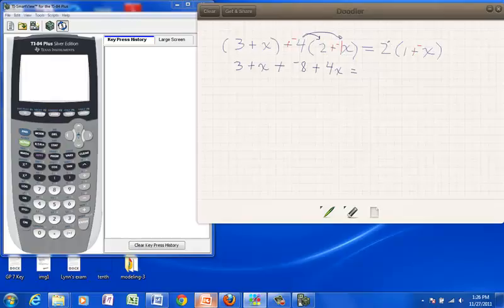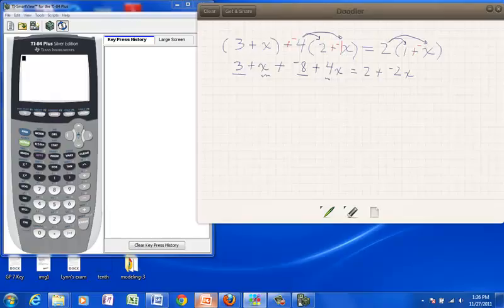On the other side of the equation, we want to continue to do a distributive property for this term. 2 times 1 is 2. And 2 times a negative x would be a -2x. Right, we can do some more simplifying because there's like terms on this side. 3 and -8 are like terms.